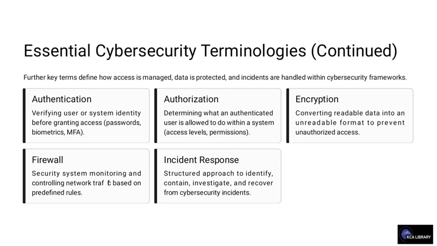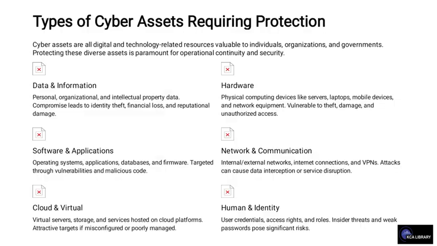And for encryption, it's converting readable data into an unreadable format to prevent unauthorized access. A firewall is a security system monitoring and controlling network traffic based on predefined rules. And lastly, incident response is a structured approach to identify, contain, investigate, and recover from cybersecurity incidents.